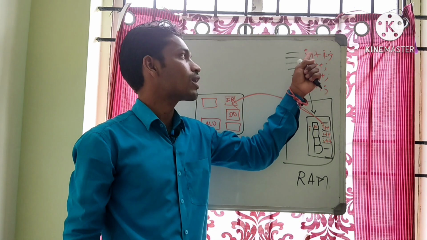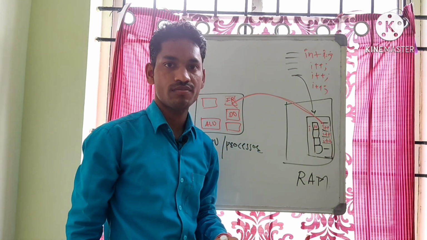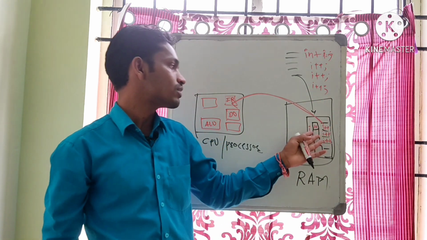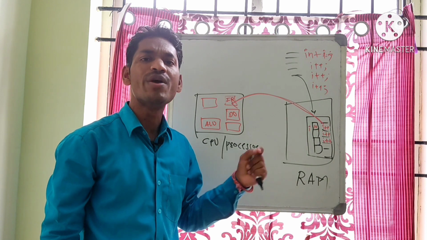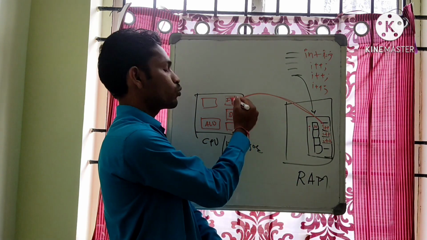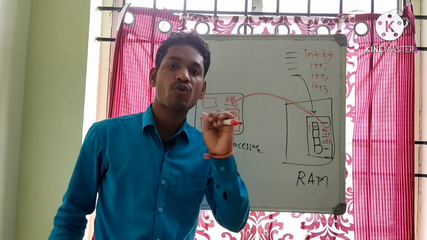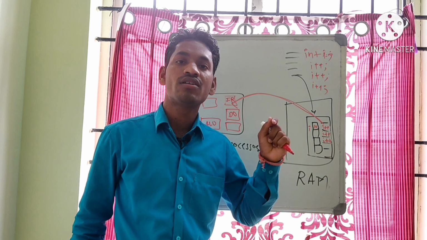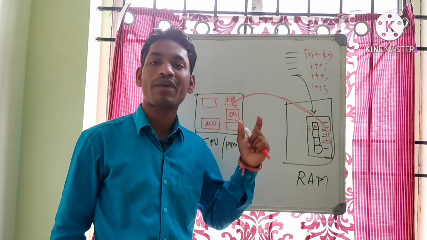Suppose my program is int i equal to 10, i plus plus, i plus plus, i plus plus. Whenever the processor fetches i plus plus and puts it inside the instruction register, after the decoding unit, the processor understands that the content of i should be incremented by 1.